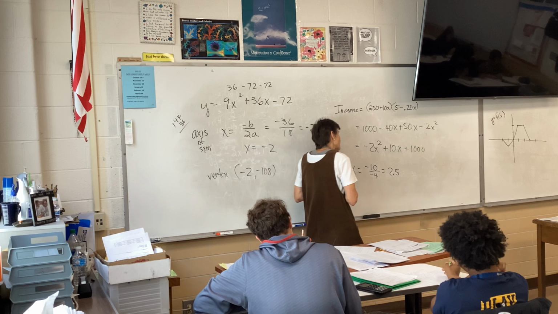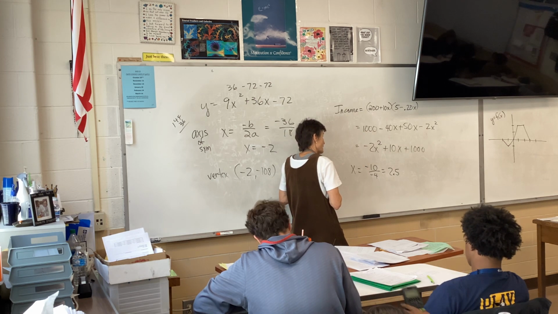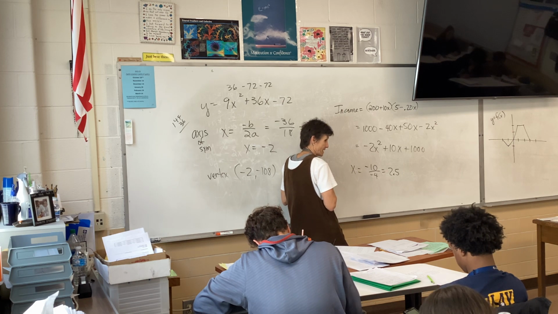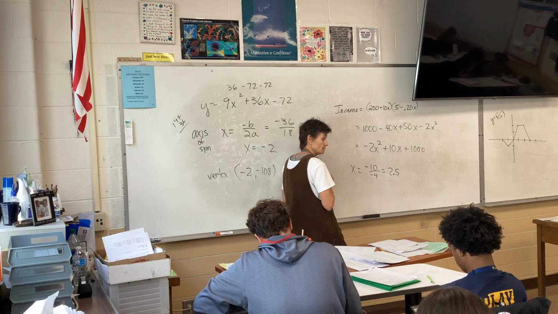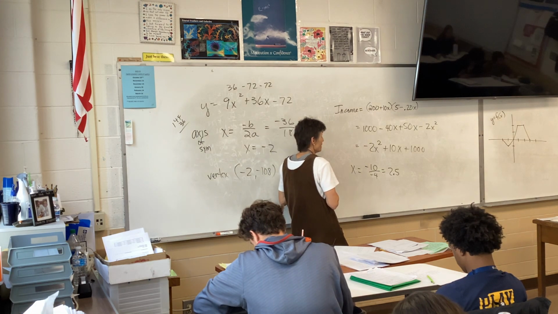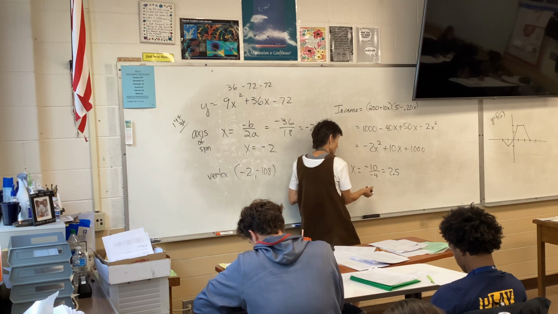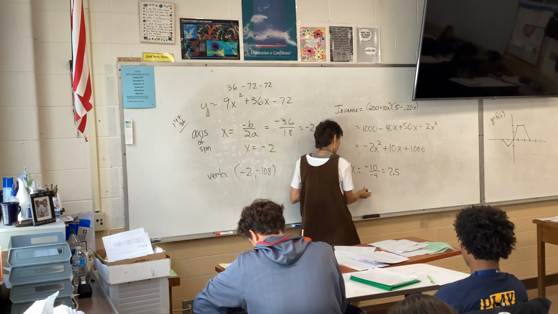So if we have 2.5 price decreases, and each decrease is worth 20 cents, then 2.5 20s is 50. So he's actually going to decrease his price 50 cents. So what is he going to be charging? $4.50.